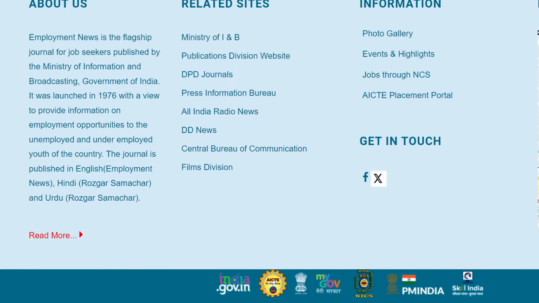So if you are starting your job search, my suggestion would be to sign up for a digital edition, so you will definitely get it in your mailbox. There is a subscription fee for this, so it's not free. However, the fee is really nominal, and if you are starting a job search in this direction, it would really help you. Also, offline you can buy it over the counters as per your need. That is also an option.